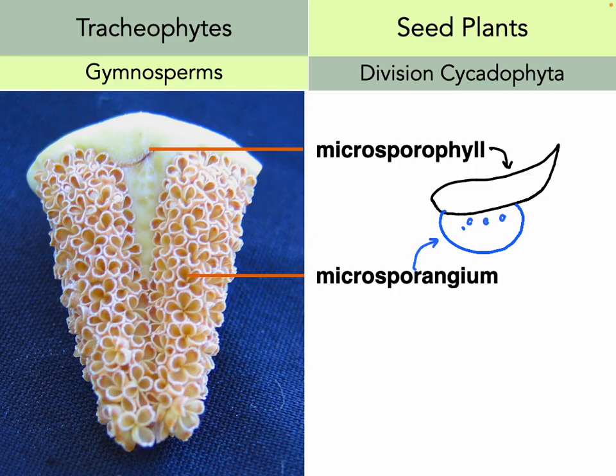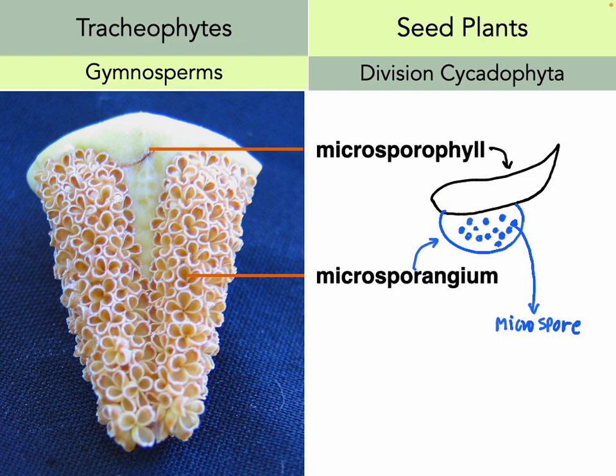And what would be in the microsporangium? Microspore. So microsporophyll contains microsporangium.